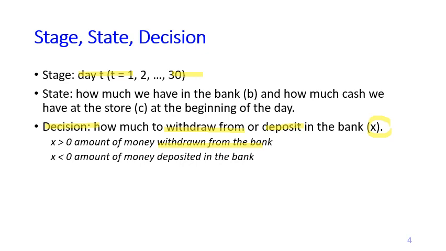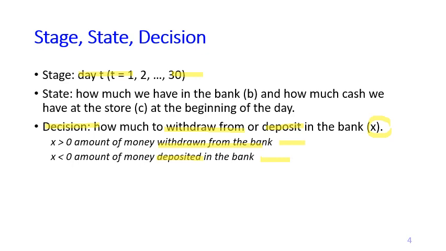But actually you may make your own convention as long as you are always consistent with it throughout the formulation of the recursion. So here it is just the convention: x positive means you withdraw from the bank, so you have more money; x negative means that you deposit money, so now you have less money on hand.